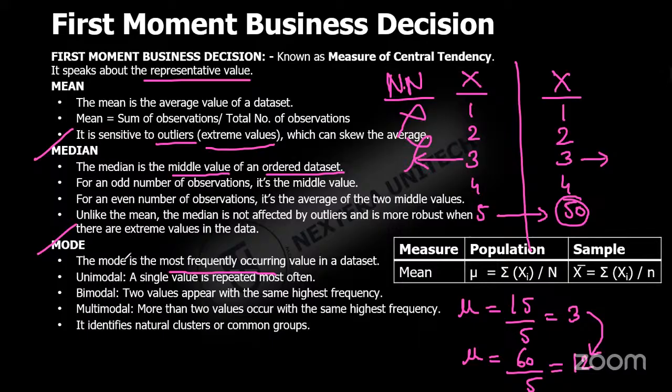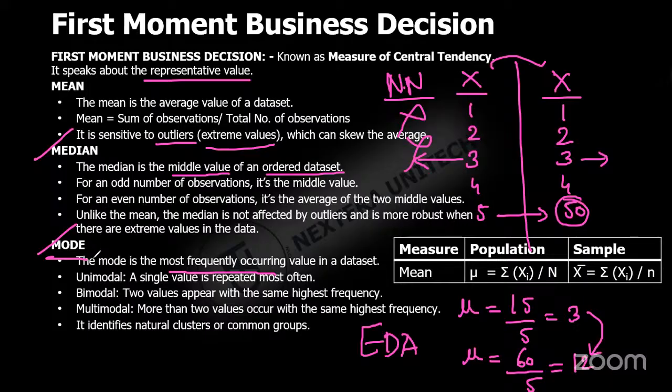So mode is the only measure out of the entire EDA, not only the first moment, the entire EDA, which is calculated for non-numeric data. So what can you understand from it? I can clearly understand that apart from mode, the rest of all the measures will be calculated only on numeric data. If it is a non-numeric column, the only measure that is possible to calculate in EDA is mode.